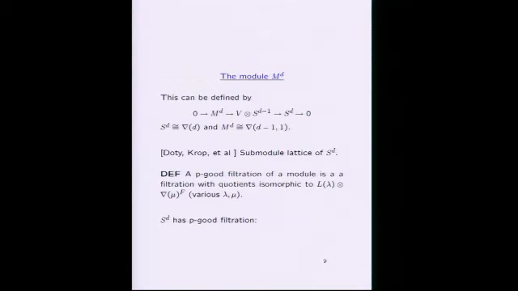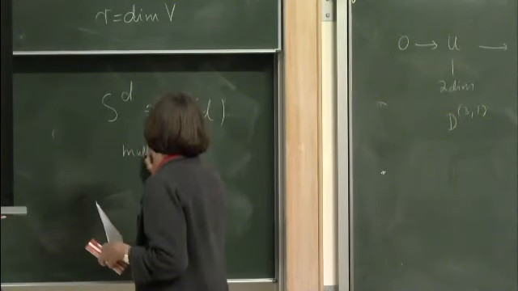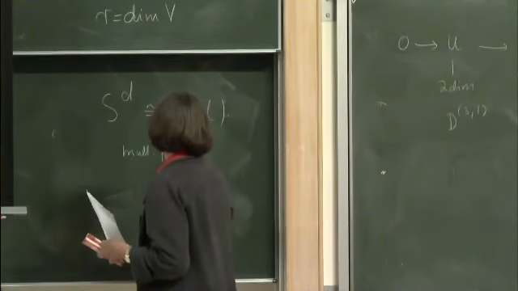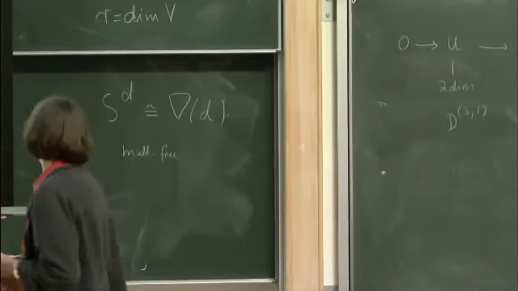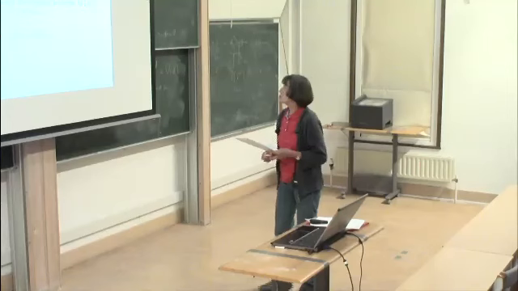The submodule lattice of S^D was studied a long time ago by Doty, Kopp and other people. And of course this is multiplicity free, because even the weight spaces are multiplicity free, and you can write down a submodule lattice.